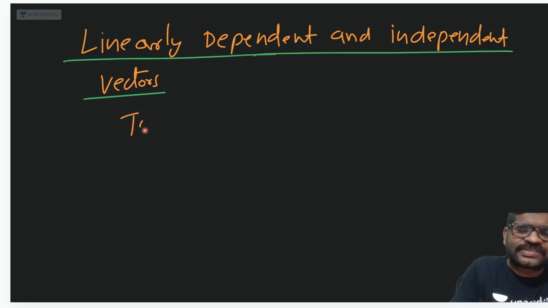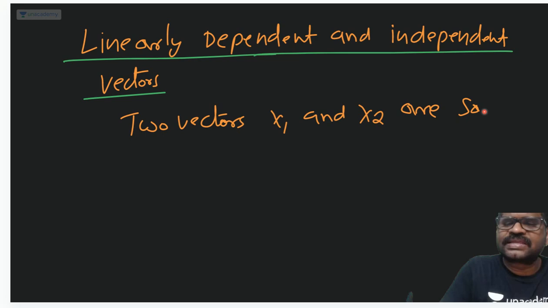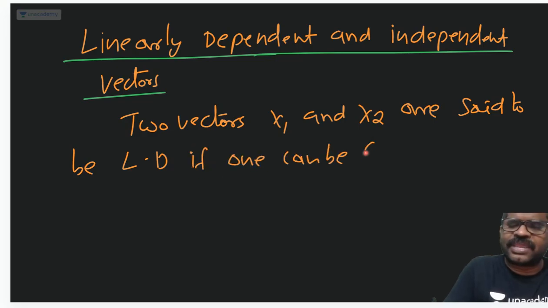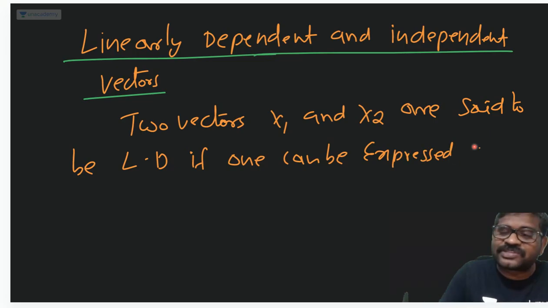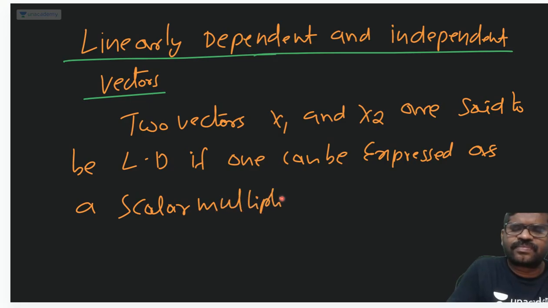Two vectors X1 and X2 are said to be linearly dependent if one can be expressed as a scalar multiplication of the other.